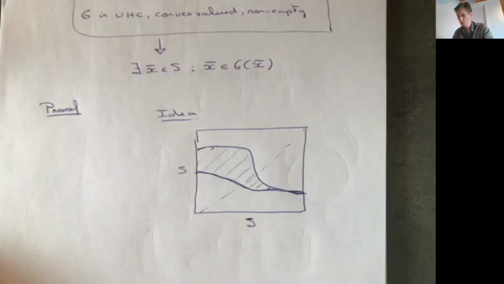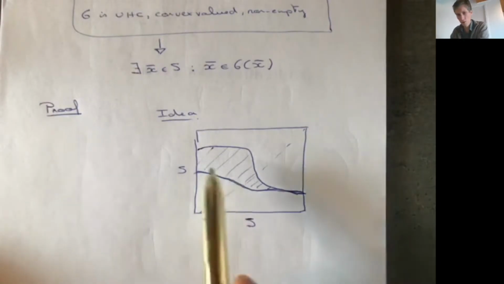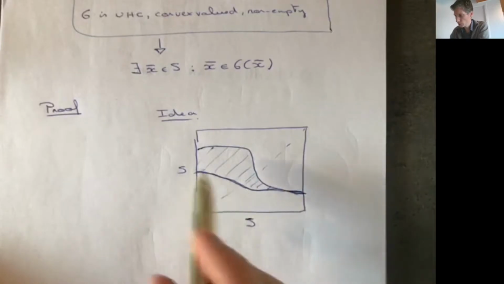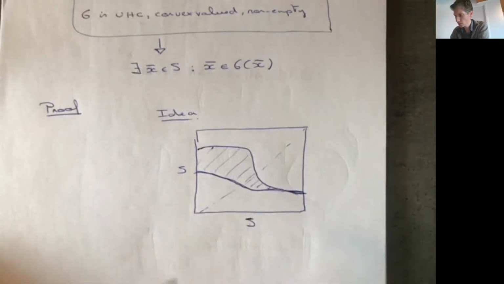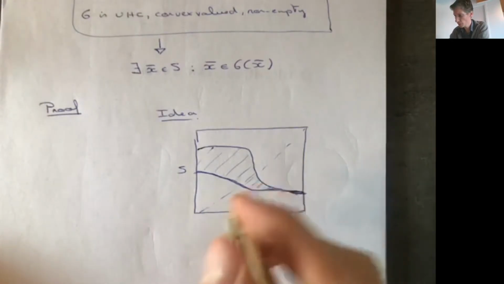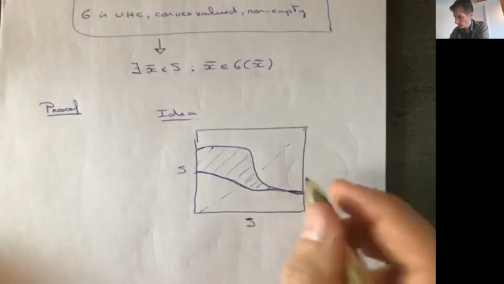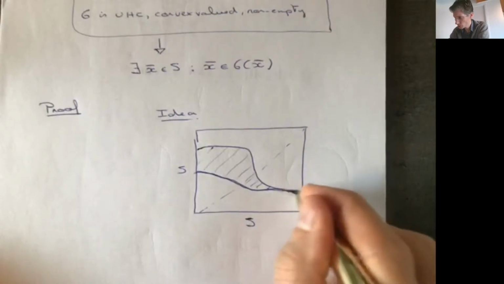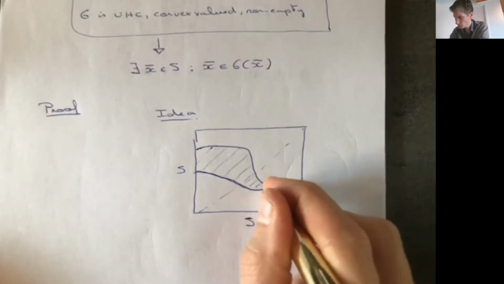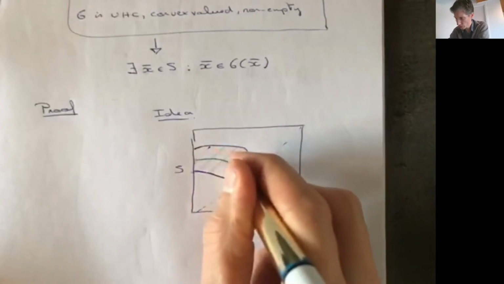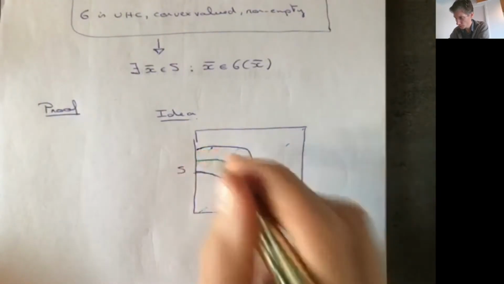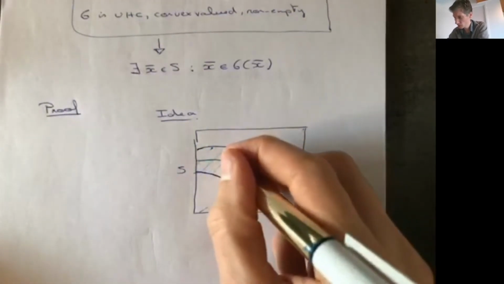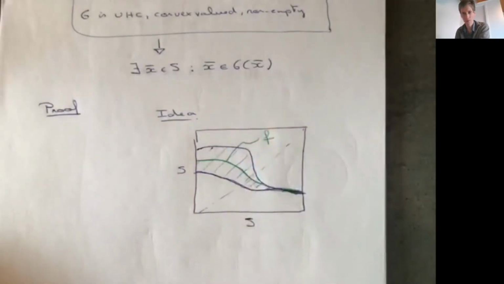So the idea behind the proof of Kakutani's fixed point theorem is to leverage on Brouwer's fixed point theorem. So here we can see that it's actually possible to use Brouwer's fixed point theorem in order to prove Kakutani's. So why is this? Because I can draw a continuous function, here I do it in green, that's actually always contained in the correspondence. Okay, so let me call this the function f.